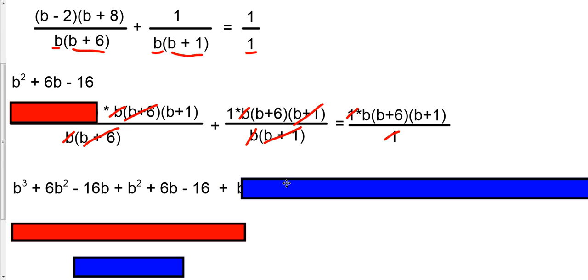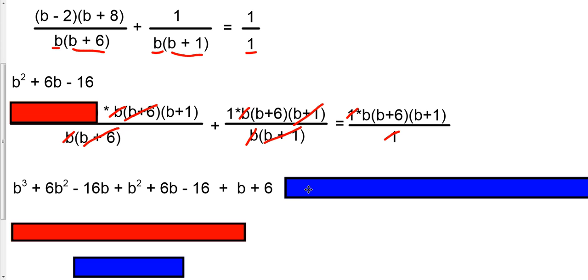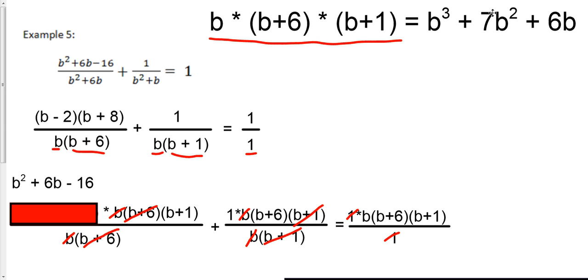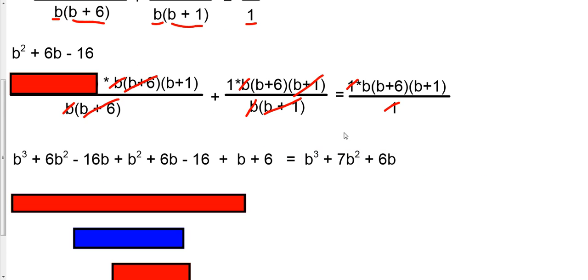Now we need to add on the second term, which really the only thing left here is 1 times b plus 6, so it's just going to be that b plus 6. Looking over here, all we have left is the b times b plus 6 times b plus 1, which remember, that is our LCD. It's the b cubed plus 7b squared plus 6b. So that's what we have at the end.